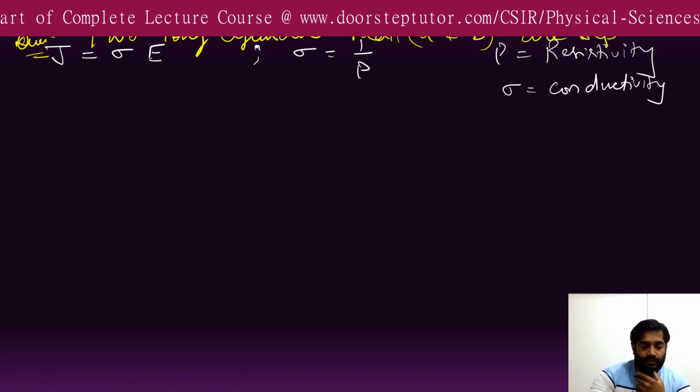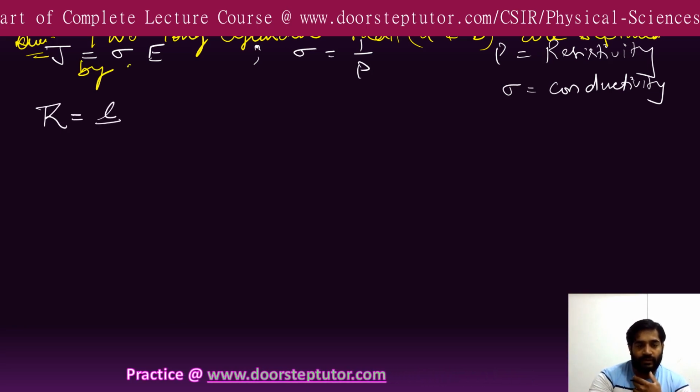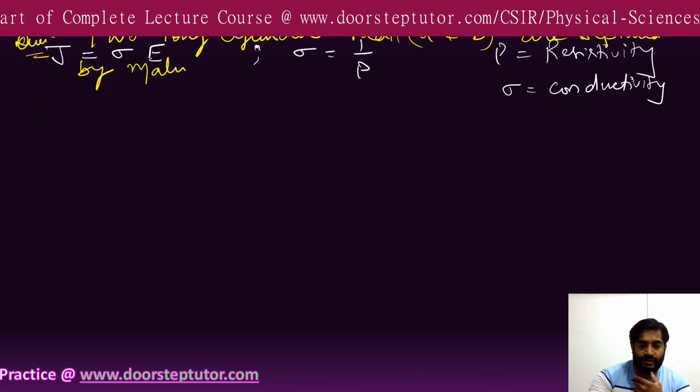Now what we will do is find the differential resistance. For example, R is equal to rho L by A. So write this as a differential resistance.